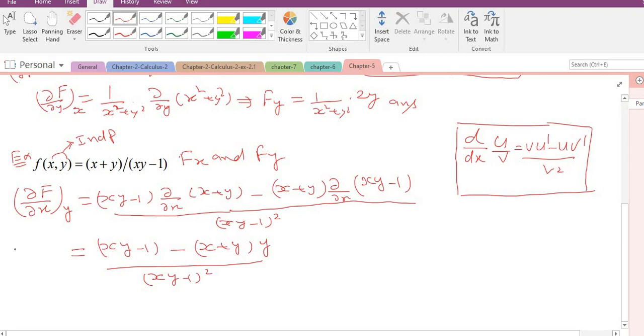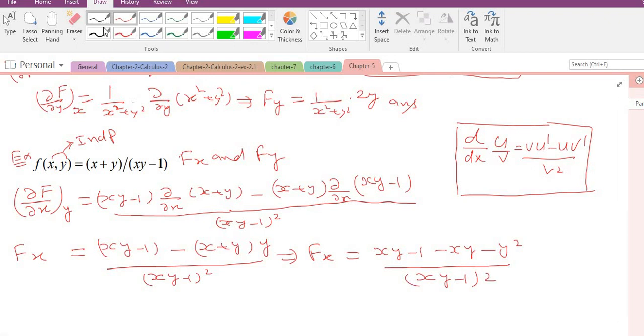This is your del f del x, or we can say f of x. So just need to simplify it. So therefore f of x, that means del f del x is xy minus 1 minus, open the bracket, xy plus y square, divided by xy minus 1 power 2.